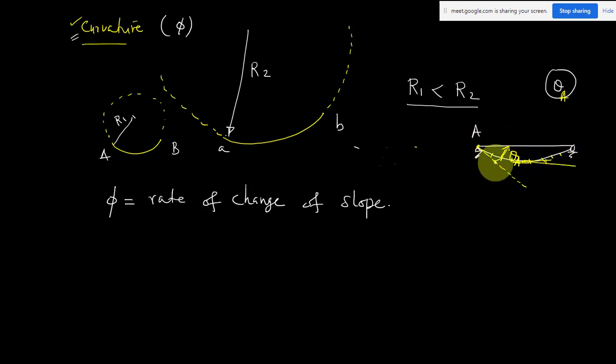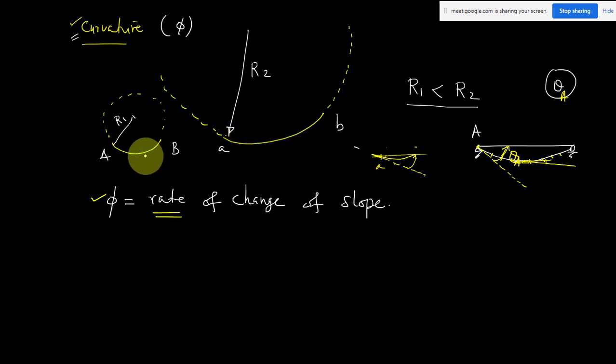So the rate of change of slope will be known as curvature. We will represent it with the term phi. That rate of change of slope is called curvature. If you come to these curves, AB and small letter ab, where will the rate be maximum? If you see this curve, the curvature is less.